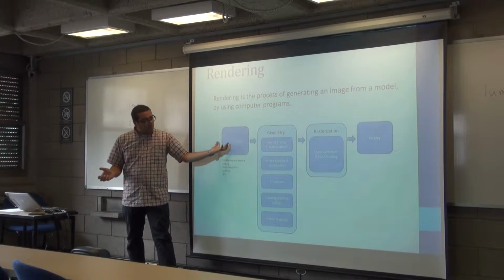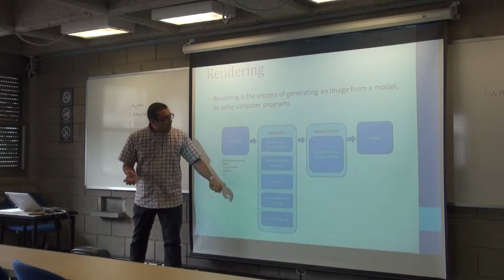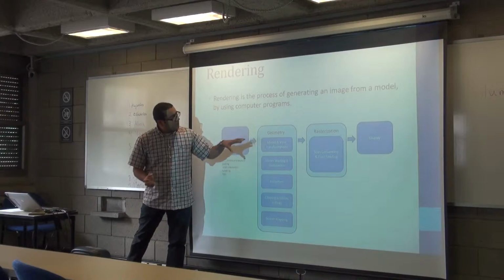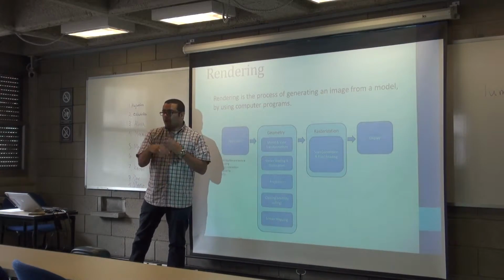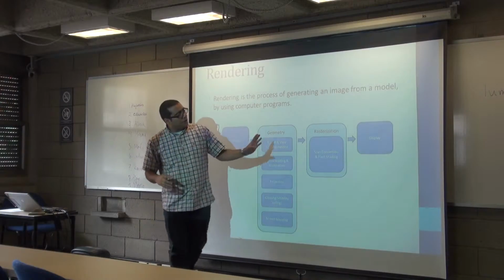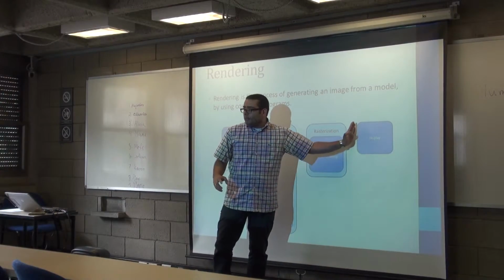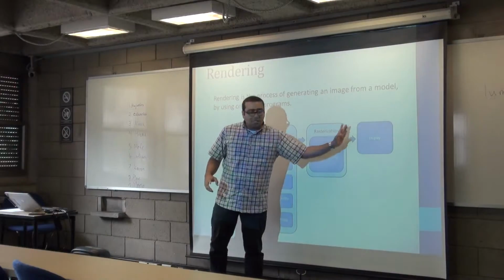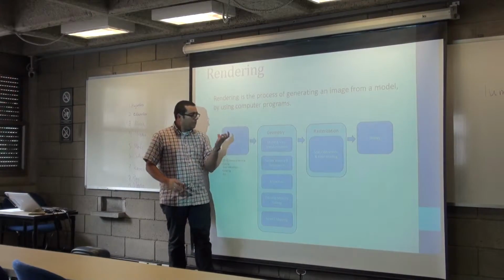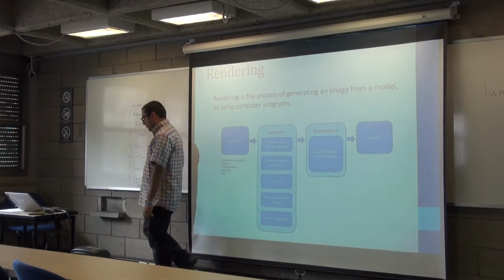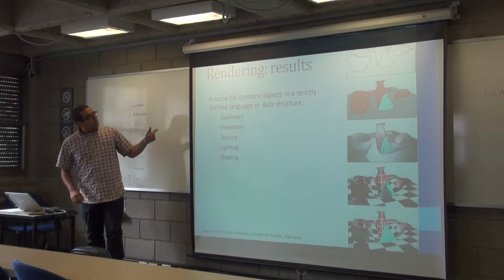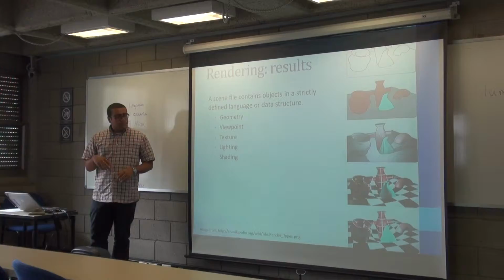After that, we map some geometry and make some process in order to generate the display, an image. The rendering process is generate a model and the result is an image. But there are other results.